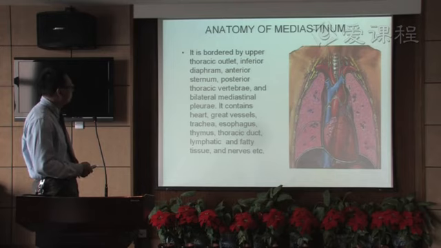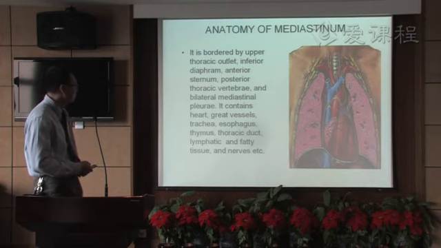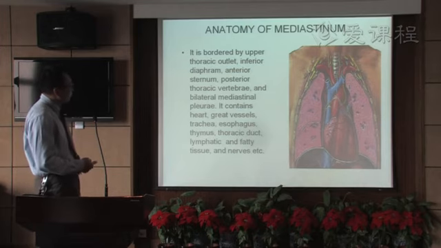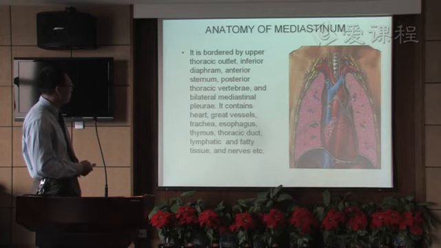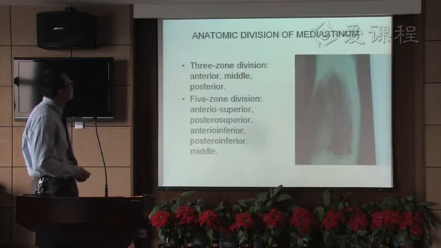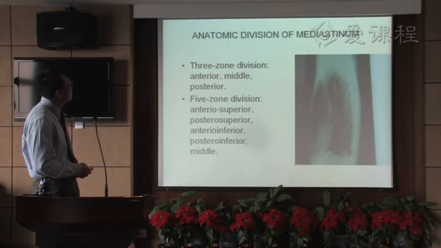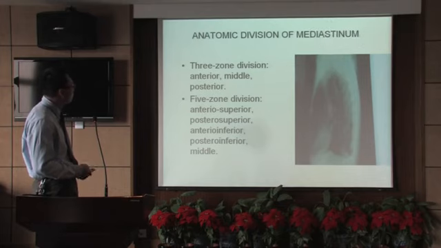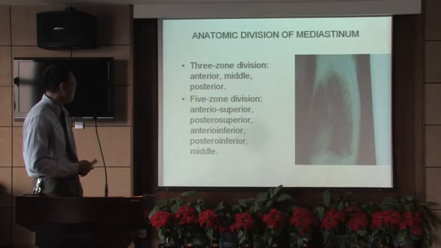It contains the heart, great vessels, trachea, esophagus, thymus, thoracic duct, lymphatic and fatty tissue, nerves, etc. The anatomical division of the mediastinum: there is a 3-zone division, the anterior, middle, and posterior. The 5-zone division: anterior superior, posterior superior, anterior inferior, posterior inferior, and middle.